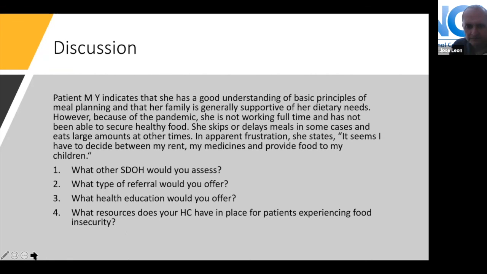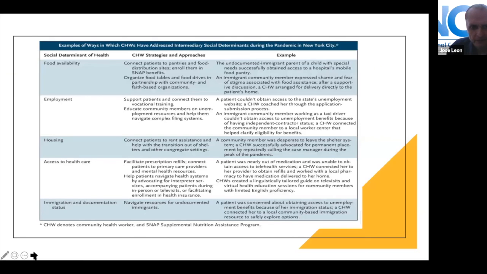So let's move on, Peter. Here we have some examples on food insecurity and some of the strategies that CHWs can use. Again, these resources will be shared with all of you so you can take a look at the strategies and some examples. But I would like to mention a couple of things here which are extremely important.